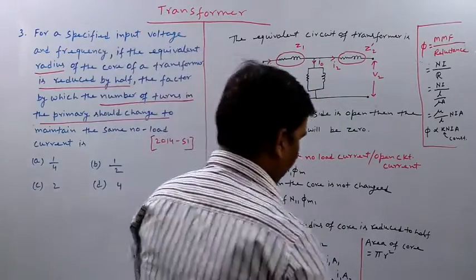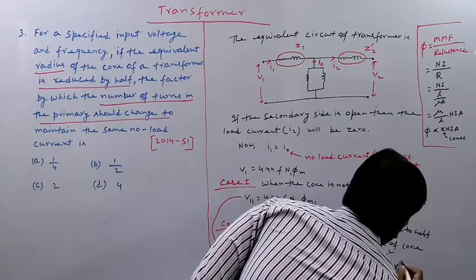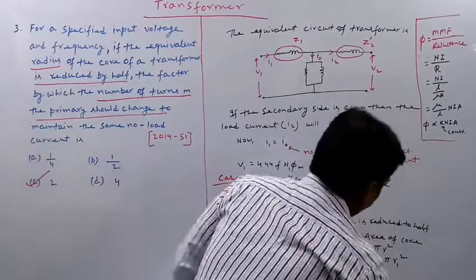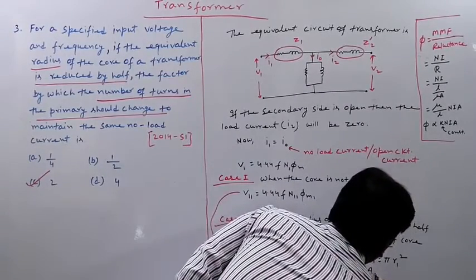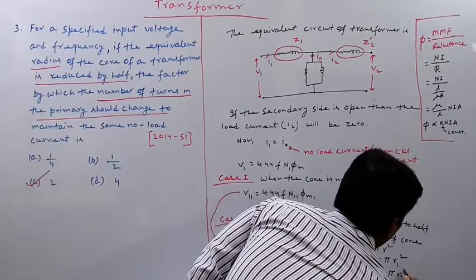So A1 will be nothing but pi r1 square, and A2 is equal to pi r2 square.